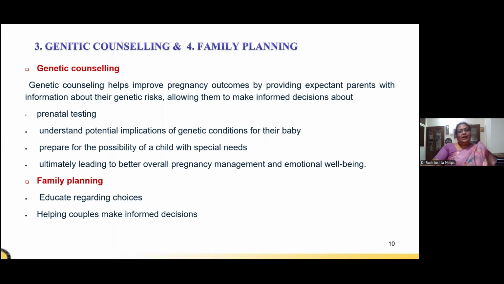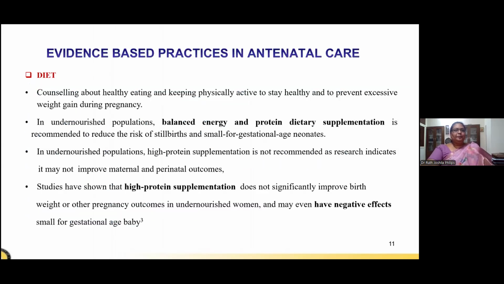So that's how educating both the partner and the woman about family planning, conception, and, if they are not planning, how to delay the pregnancy. Such things have to be explained to the couple. And research says that when the couple makes informed decisions, the outcomes of the pregnancy are going to be positive.